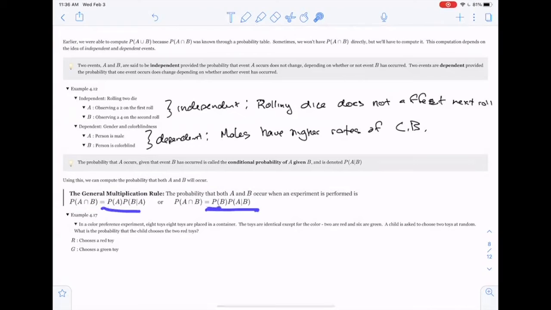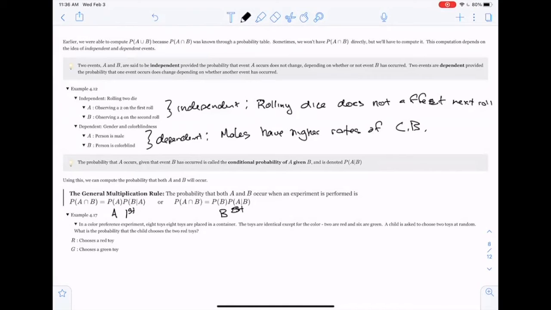There are two different ways an experiment could happen, right? This first case is A is first. The second case is what happens if B is first, right? But in both cases, it is how we can compute the probability that both things occur.